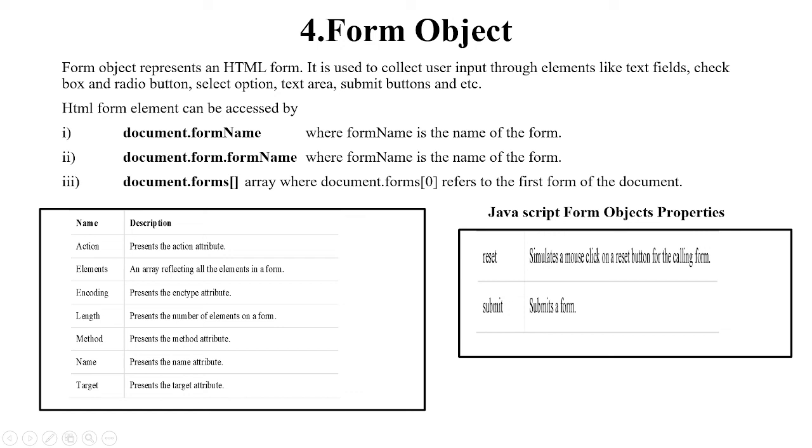And to the right hand side, we have presented different form object methods, mainly reset and submit. If you use submit, it submits the form, and reset means it is going to clear all the content that we have entered into the form and present it as if it is a new, refreshed form.